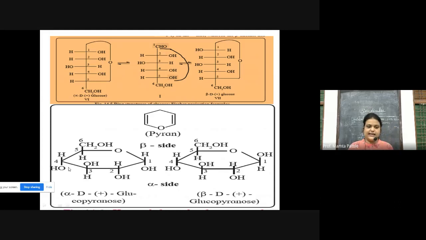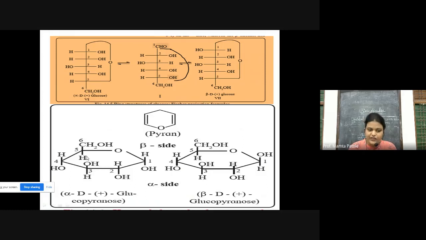म्हणजे खालच्या साईडला येईल. That is, see, this is the OH on the first carbon. This OH goes over here. Second carbon चा OH इथे खाली गेला, alpha side. Then third चा hydrogen इथे आला. Fourth चा OH came over here.